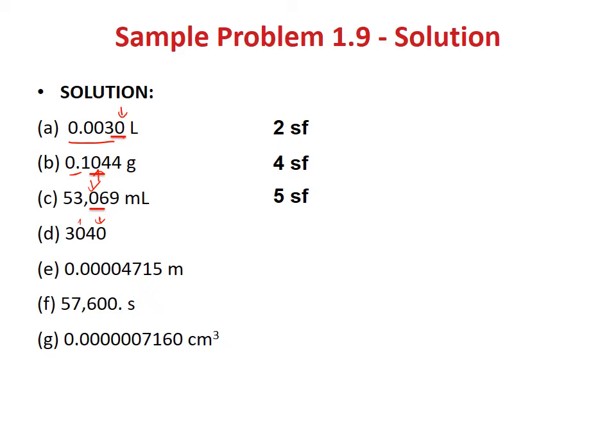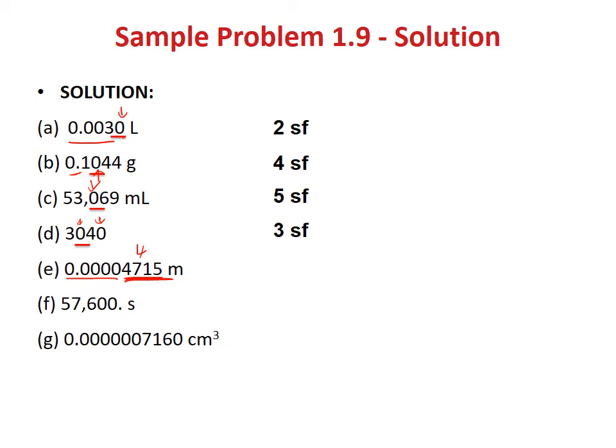The 0 in between is a significant figure, so we have 3 significant figures. In E, all these zeros are used to position the decimal points, so they are not significant figures. So we have 4 significant figures.